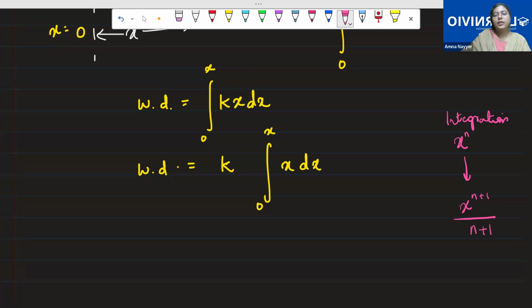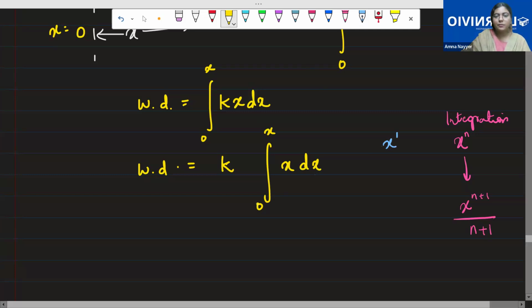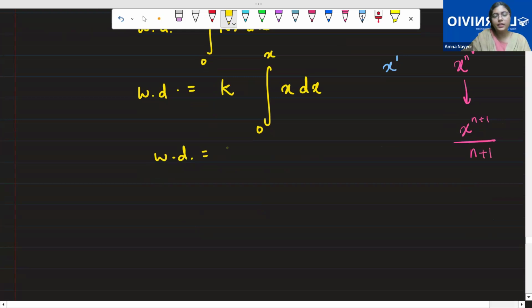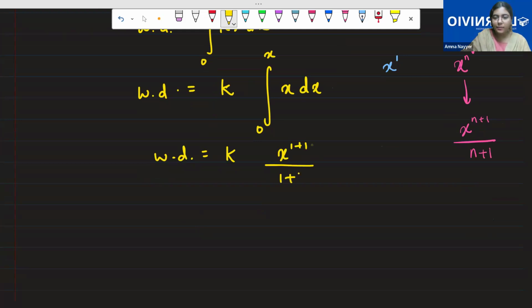Now this is x only, that means x to the power 1 is there. So work done will be k times x to the power 1 plus 1 divided by 1 plus 1, from 0 to x. This is k x square by 2 from 0 to x.